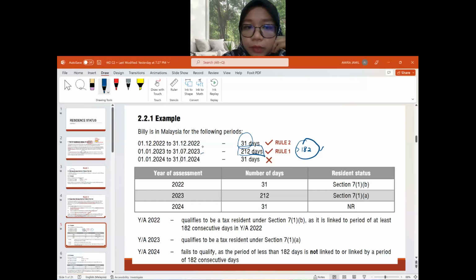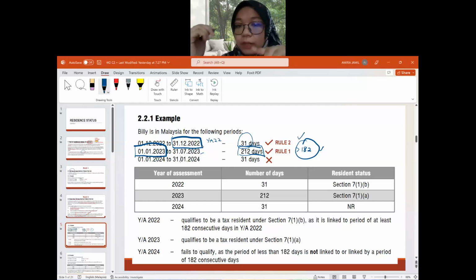So we have to look at this one. 1st January 2023 is immediately preceding this 31st December 2022. So for YA22, he can be considered as tax resident too under rule number 2, although he lived less than 182 days. So he is also a tax resident for YA 2022.